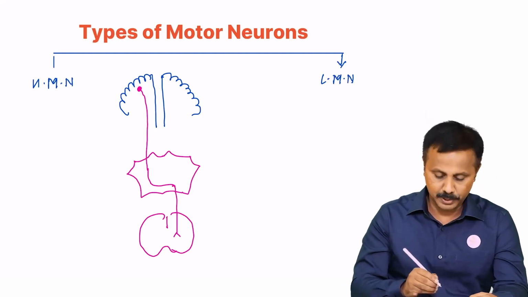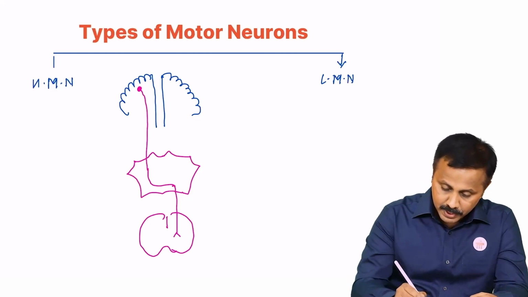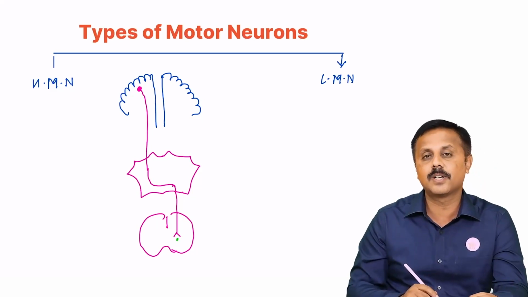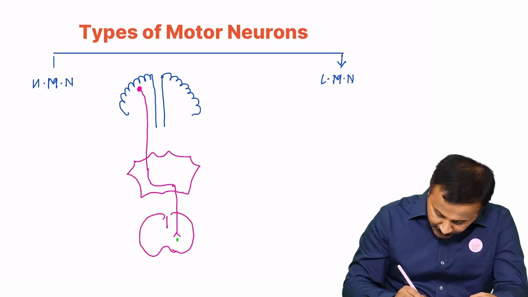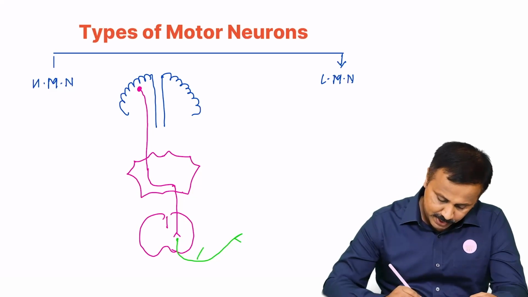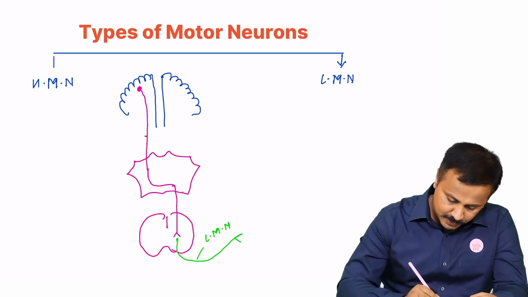This is what we refer to as upper motor neuron. The lower motor neuron begins from the anterior horn cell of the spinal cord, and then it reaches its target organ. So this is a lower motor neuron, whereas this is an upper motor neuron.